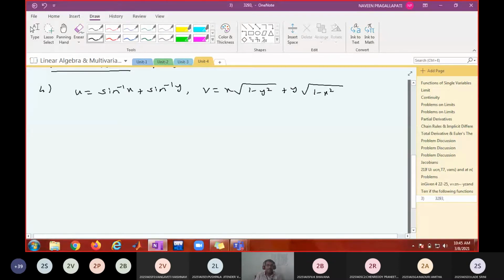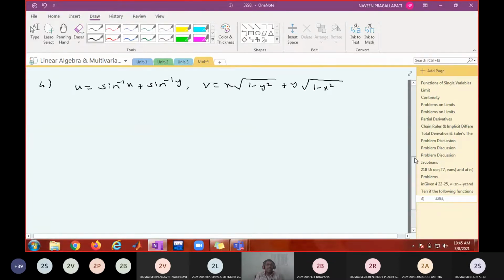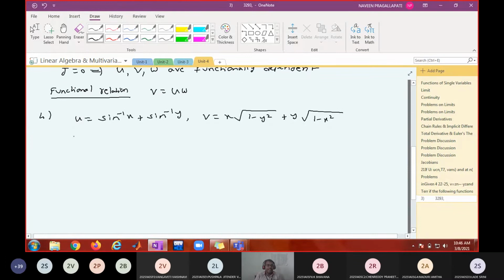Find J, and if there is a relation, find out the relation. Always write the formula first and then substitute the derivatives.